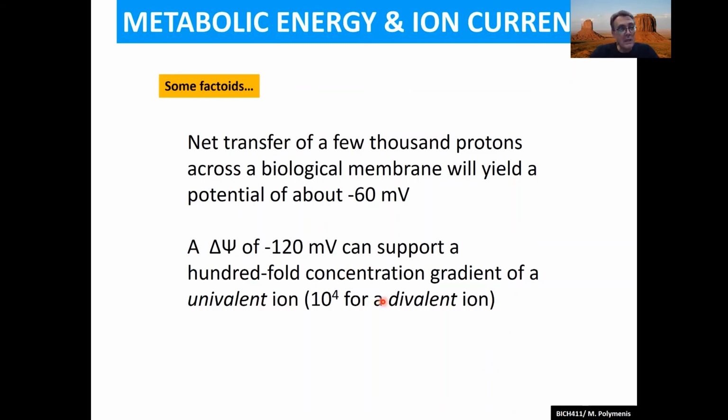If you have a divalent ion, you can get to 10,000 times difference in concentration. Remember, calcium is a divalent ion, so a small movement of calcium is really a big trigger here. So perhaps that explains why calcium is used for signal transduction and not for energy coupling.